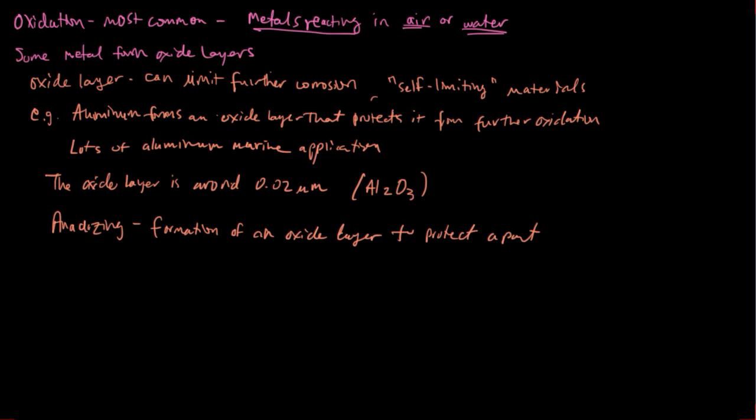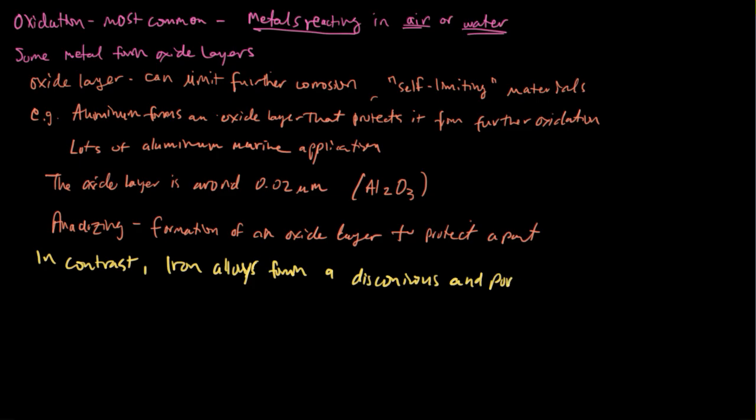In contrast, iron alloys form a discontinuous and porous oxide film, which is iron oxide, which is rust.